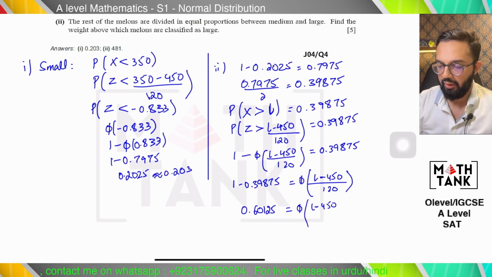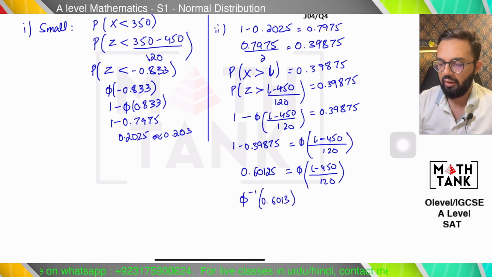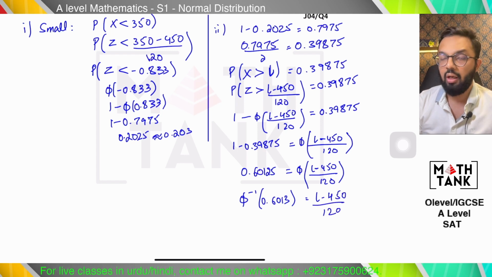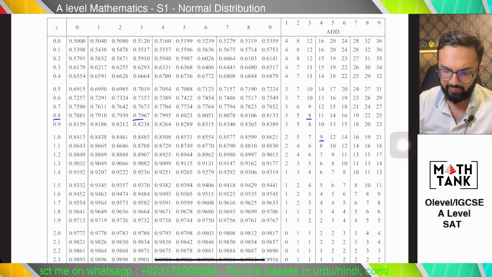Now I need to do phi inverse of this. I'm going to round it off to 4 decimal places and say that I'm looking for 0.6013, because probabilities in the distribution table are correct to 4 decimal places. So let's look for 6013. There's 6026 and 5987.